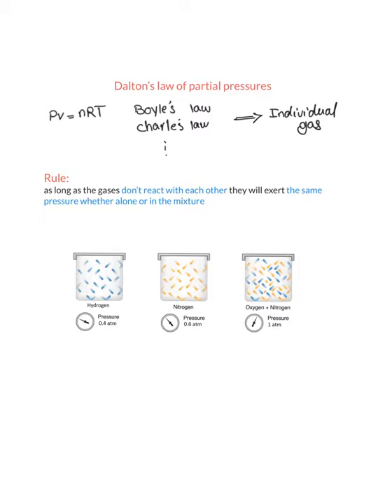So imagine we have oxygen with partial pressure of 0.4 atmosphere, and we add that to the nitrogen gas with partial pressure of 0.6 atmosphere.